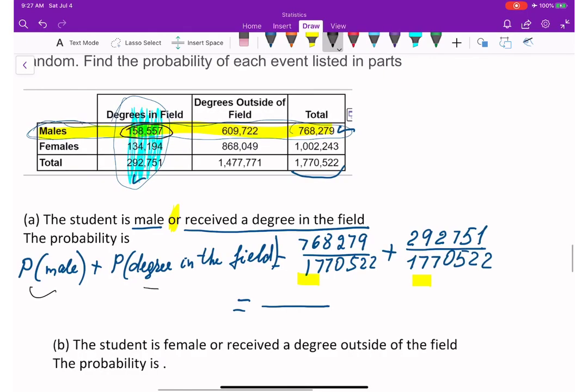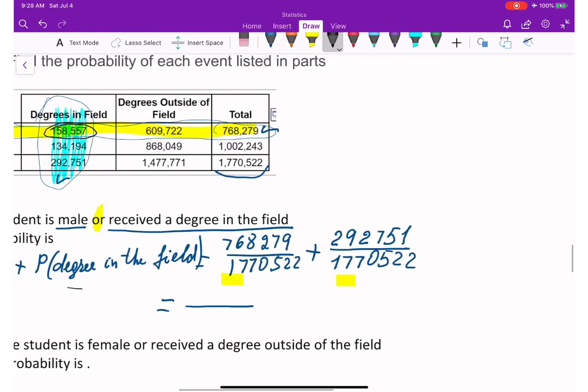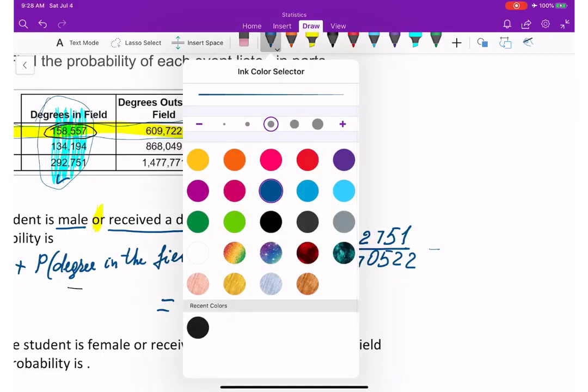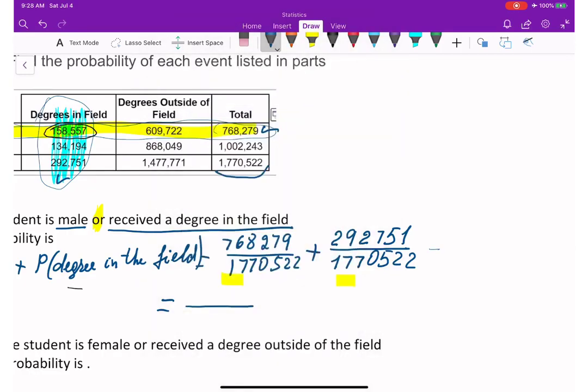So what's going to happen here? I'm going to do minus 158,557 over 1770522.